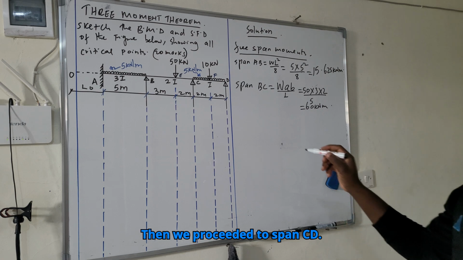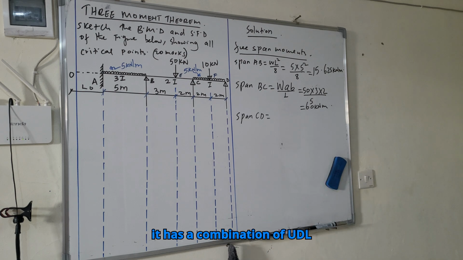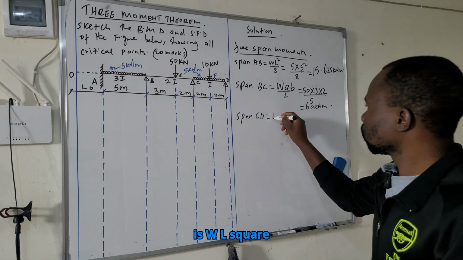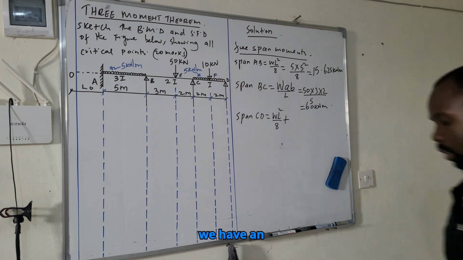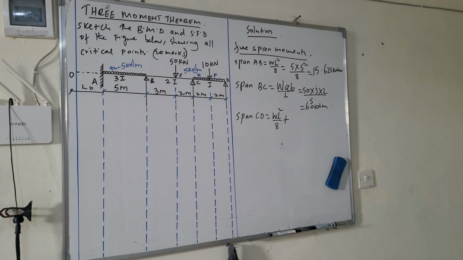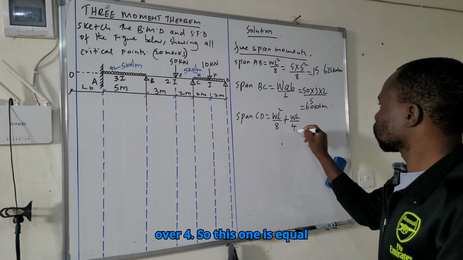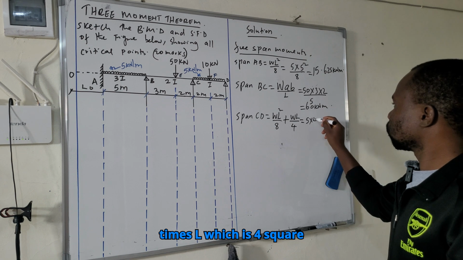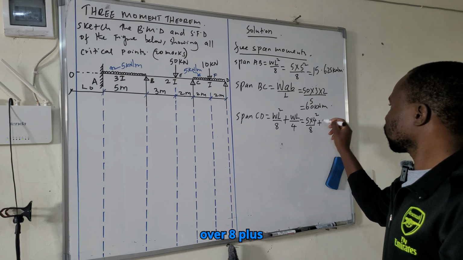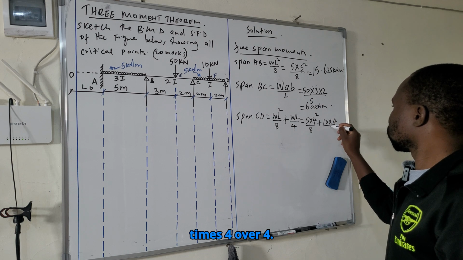Then we proceed to span CD. As you can see, span CD has a combination of UDL and a point load. The formula for UDL is WL squared over 8, plus we have a concentrated load placed at the center, which is 10 kilonewton. So the formula is WL over 4. So this is equal to 5 times L, which is 4, squared over 8, plus 10 times 4 over 4.